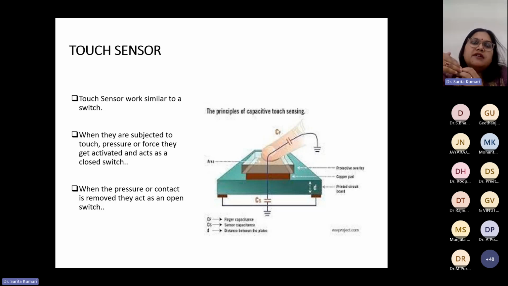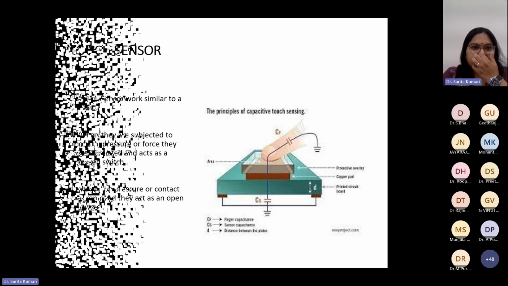As soon as you enter, the door automatically opens, or if you are using the elevator, the automatic stairs are also based on sensors only. Once you go inside, there is a screen where you can find whatever you require. If you want some dress or something, you can search whether it is available in the store or not. Again, while doing the billing, we are making use of sensors. So everywhere we are making use of sensors nowadays.